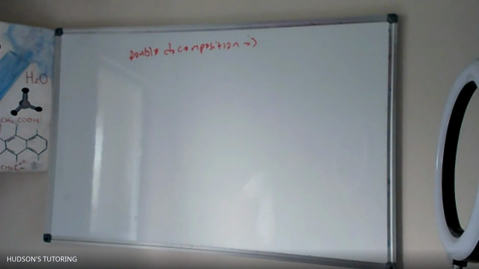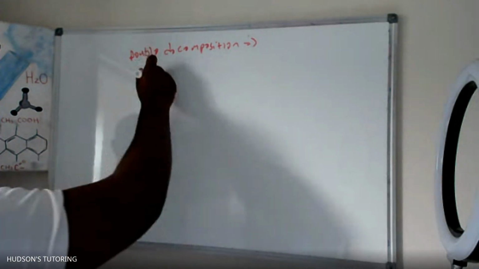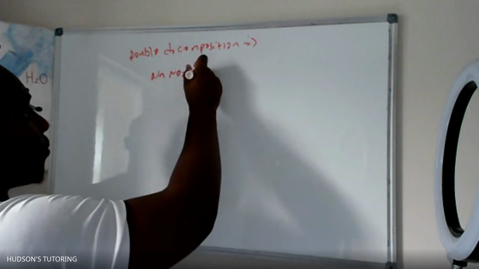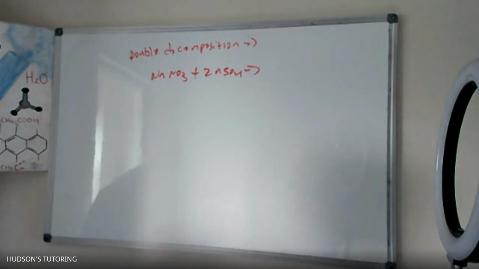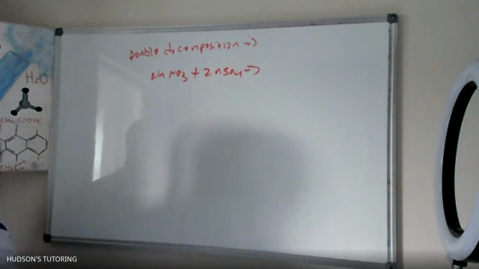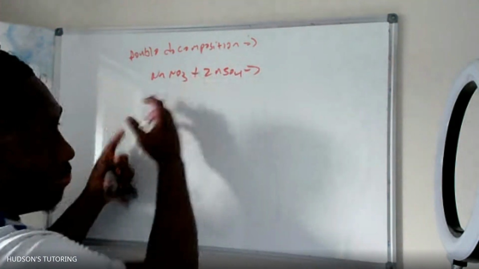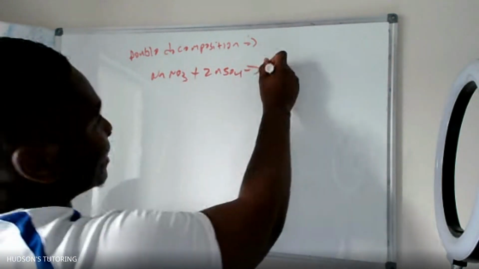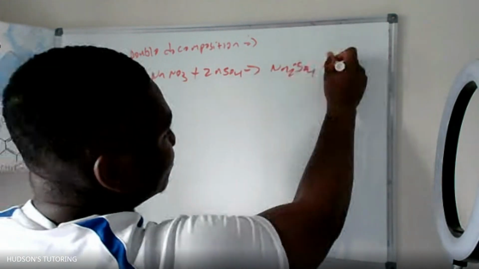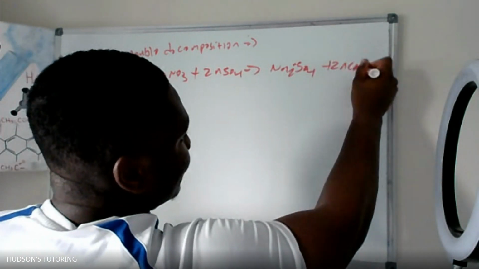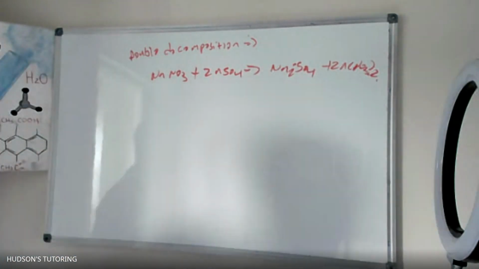So, for example, if we have sodium nitrate reacting with zinc sulfate, what is going to take place? Sodium is going to exchange position with the zinc. So you get sodium sulfate, Na2SO4, plus zinc nitrate, which is Zn(NO3)2. That is pretty much it.